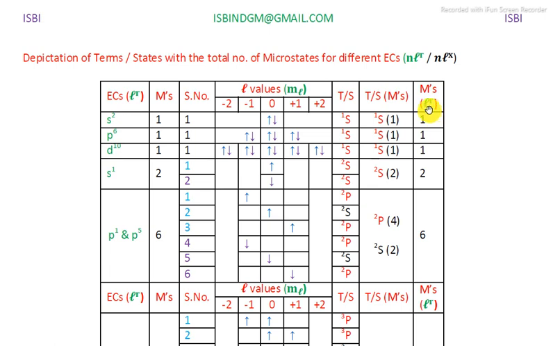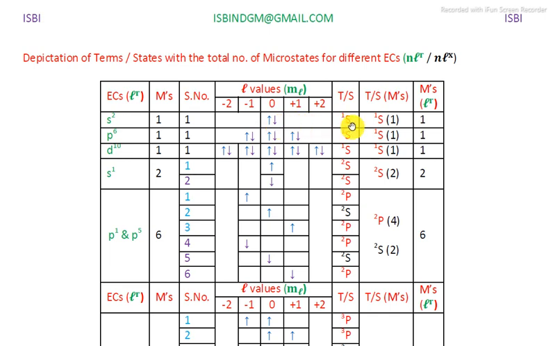Let us start from the s2 electronic configuration. Number of microstates possible 1, serial number 1. Only the s orbital is there, and 2 electrons are completely filled. Small l value is 0 for this electron and 0 for this electron. The capital L is equal to 0.